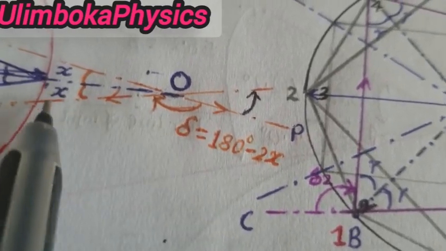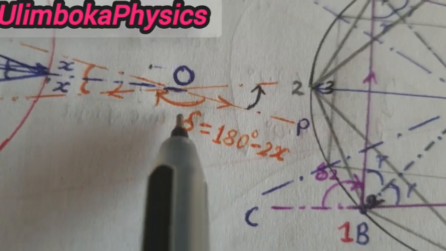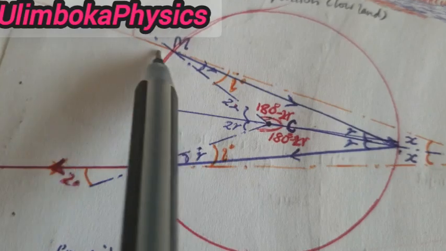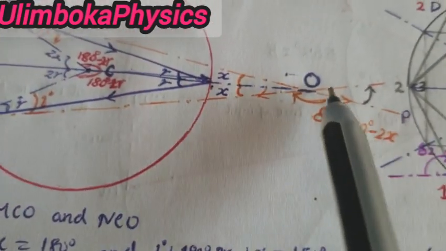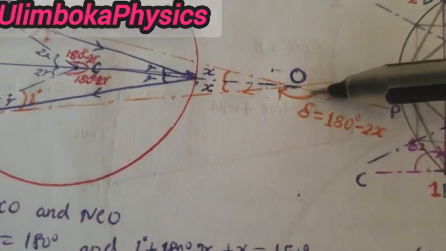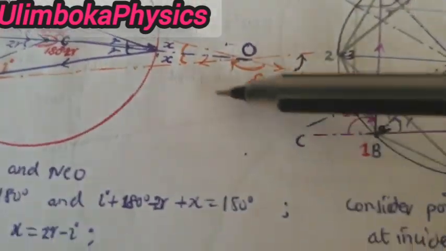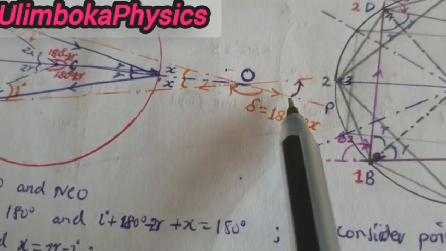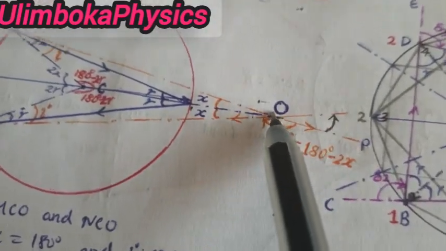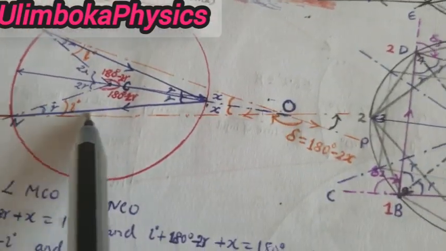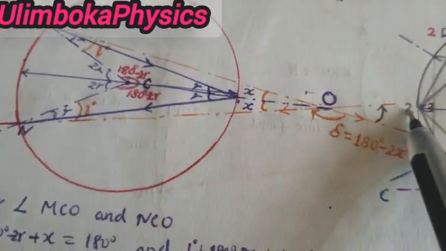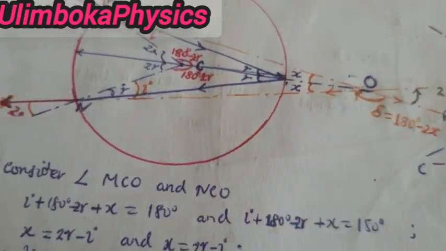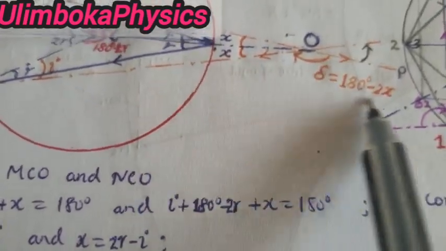When we subtract twice x, we get the deviation angle of the emergent ray from the extended incident ray, as it appears from the clockwise direction, while for the anti-clockwise direction it is from P to the direction of the extended backwards emergent ray. This is the deviation angle for the anti-clockwise direction, and this is the deviation angle for the clockwise direction.